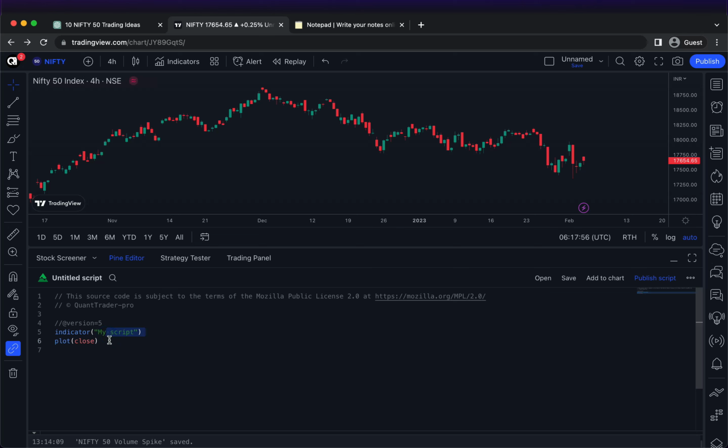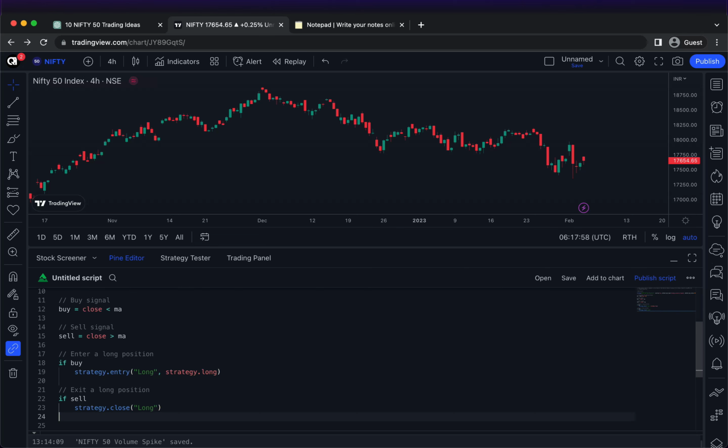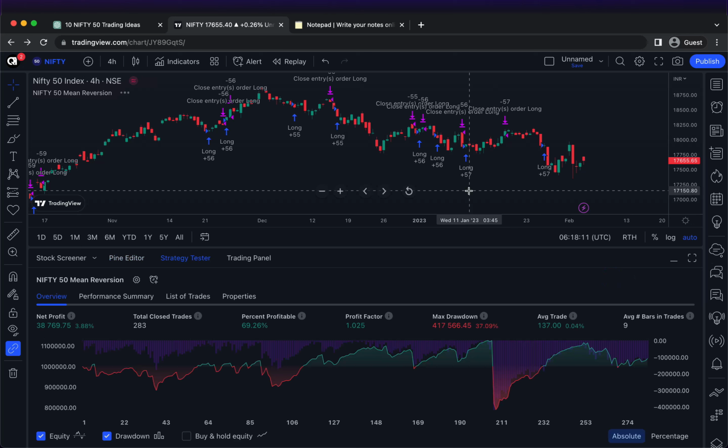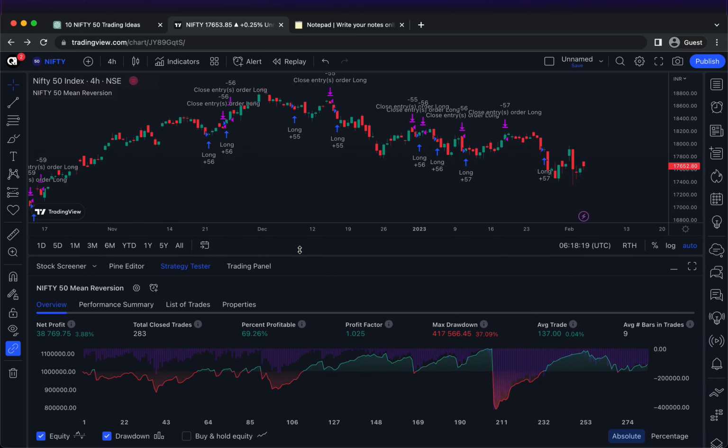So just remove everything here. Let's paste our code. We need to change it again. I don't know why it keeps giving the wrong code. Okay, save, and let's put it on the chart. Yeah, as I said, it is just random buy and sell signals.